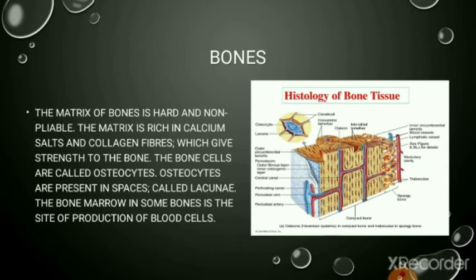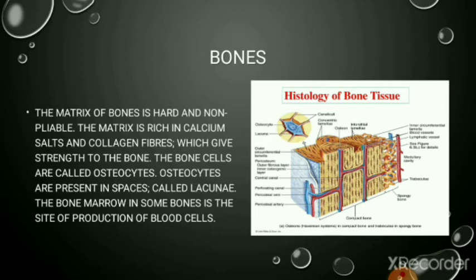The bone cells are called osteocytes. The cells of the bones are called osteocytes because of the protein present in these cells, ossein. So ossein is the protein present in the bone cells, and the scientific name of bone cells is osteocytes. Osteocytes are present in spaces called lacunae.